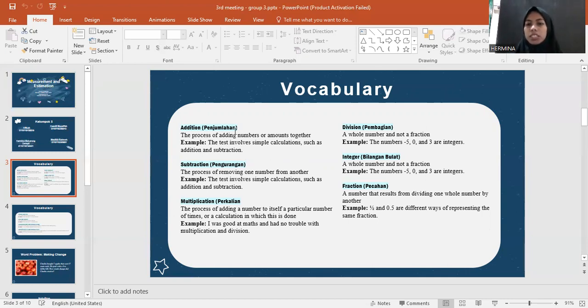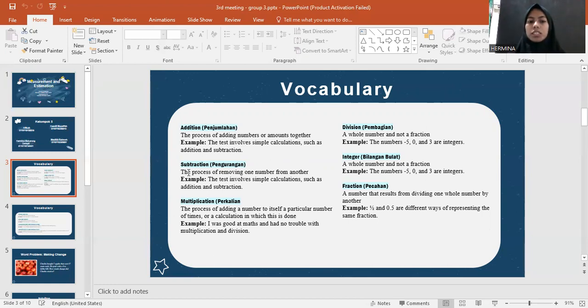Actually, this example is just how we use the word addition. In mathematics, an example is like this: 1 plus 1 is equal to... the 1 and we add another 1, so it becomes 2.